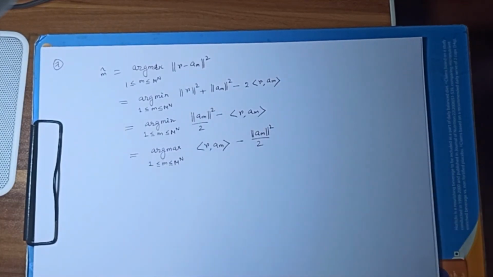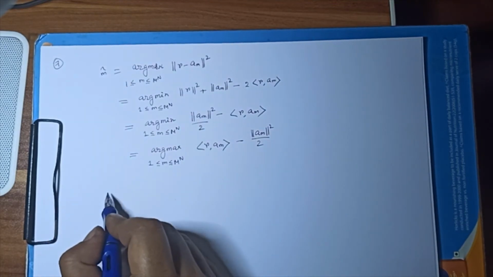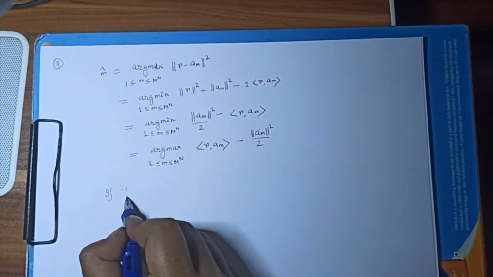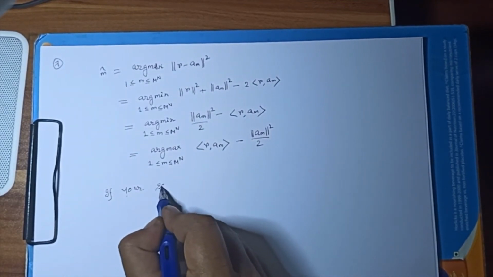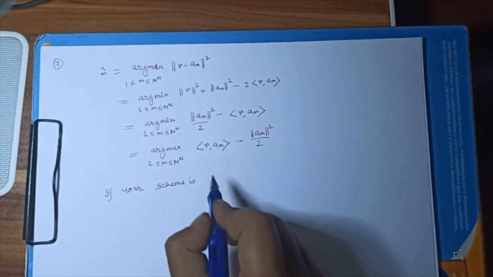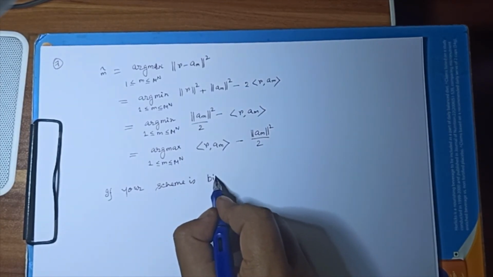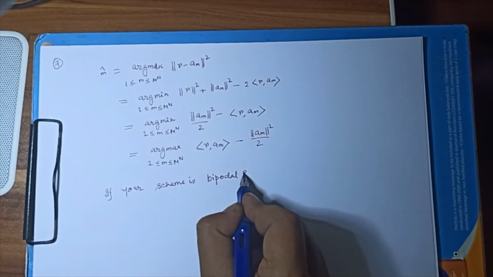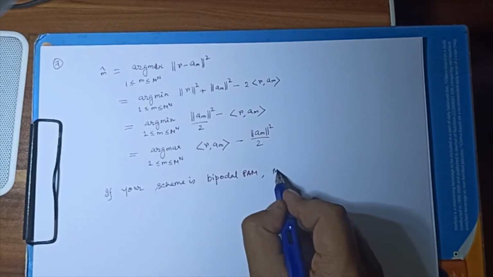Now what is a_m^2 / 2? It is basically the energy of that signal. Now if you have some scheme, say not PAM scheme, it can be PAM scheme also. Suppose bipolar PAM scheme, whatever we have taken. So suppose your modulation scheme is bipolar PAM, then M is equal to 2.